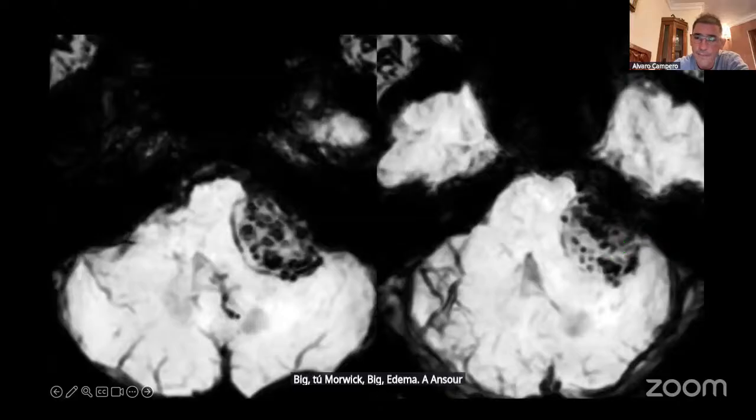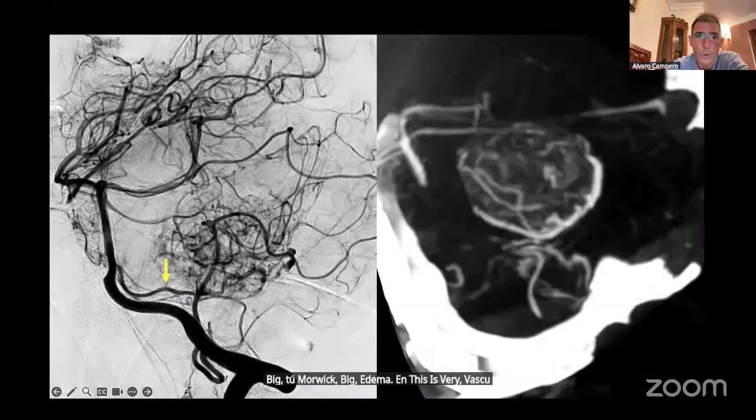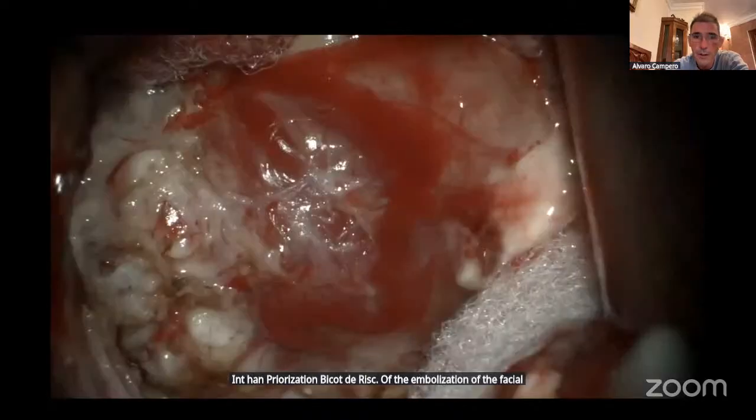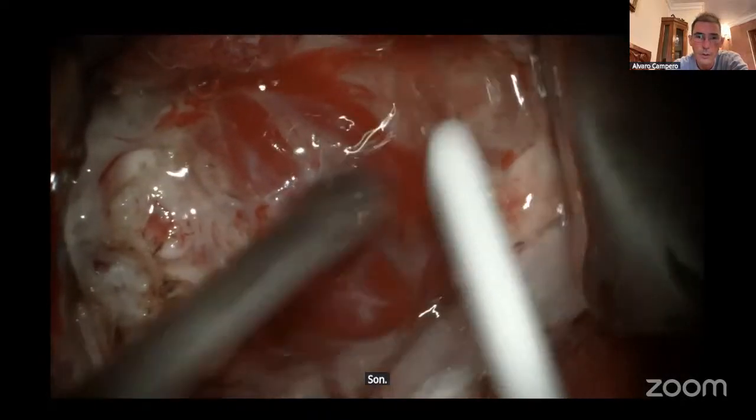And this is a very vascularized tumor. We performed an angiography, but it was difficult to perform a pre-op embolization because of the risk of embolization of the facial nerve. So this is during the surgery.